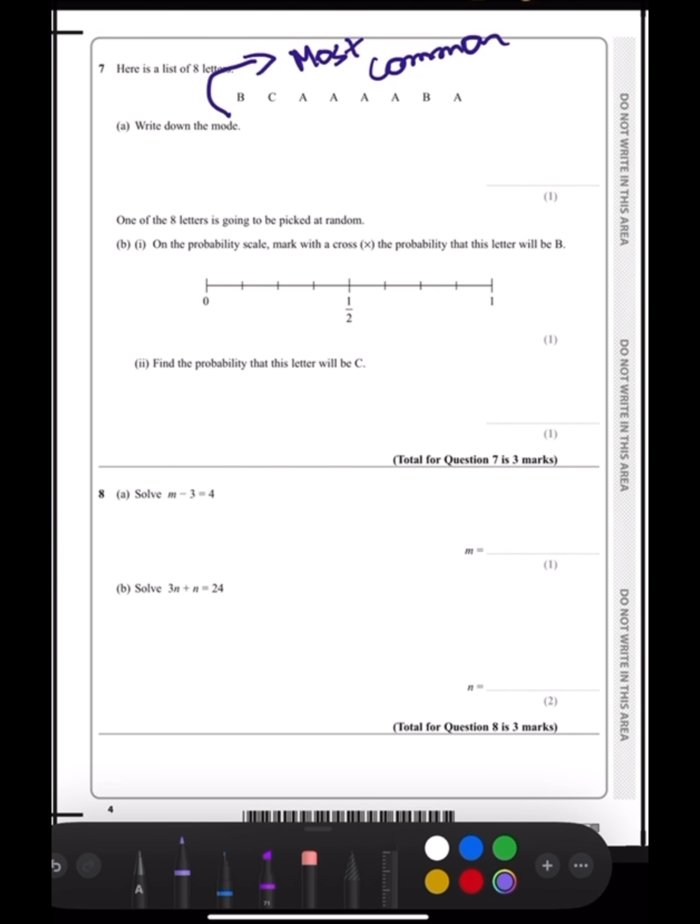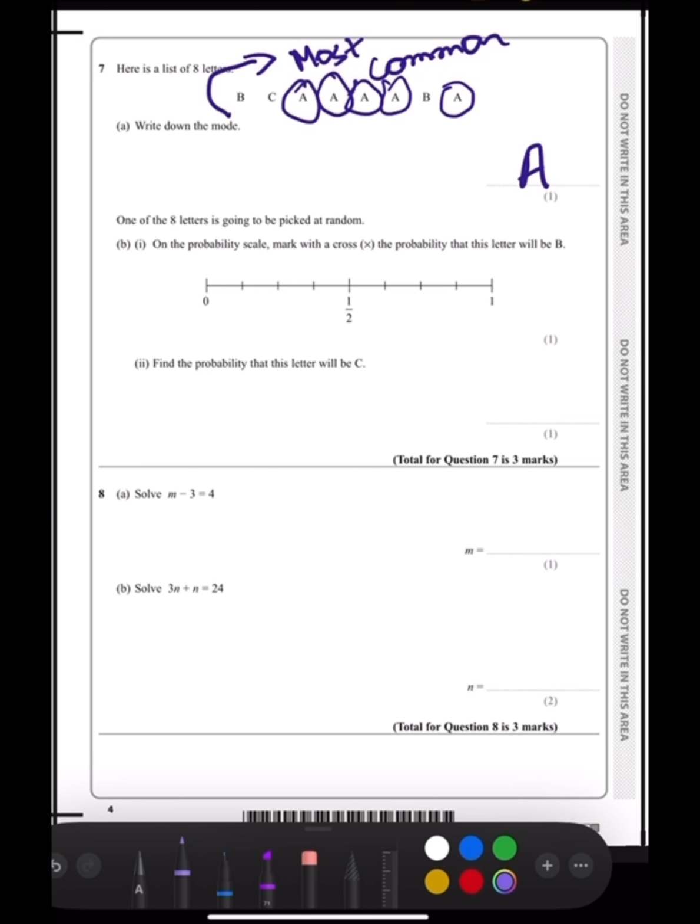So if we see here, we notice that A has been repeated a lot of times, more than B and C. So simply we know that this would be your mode. So we simply write A here. Nothing to explain, nothing extra to write. You can gain a mark by simply writing A, because there is no specific working needed here.